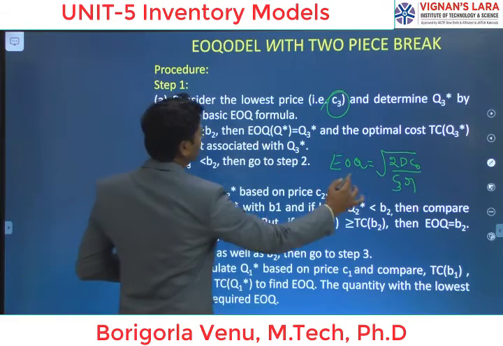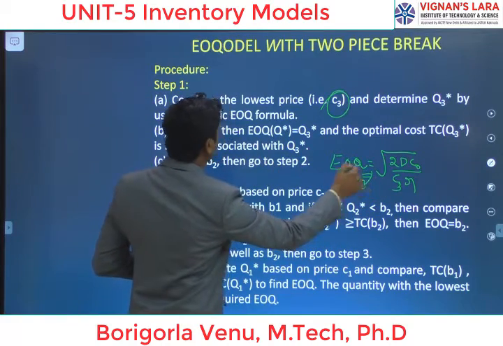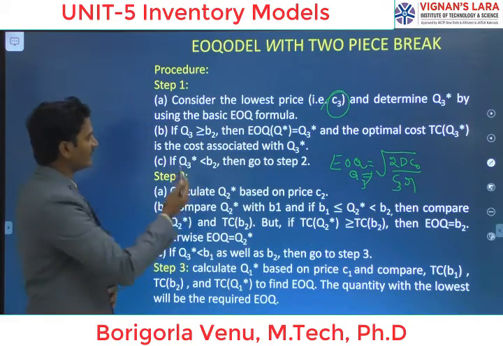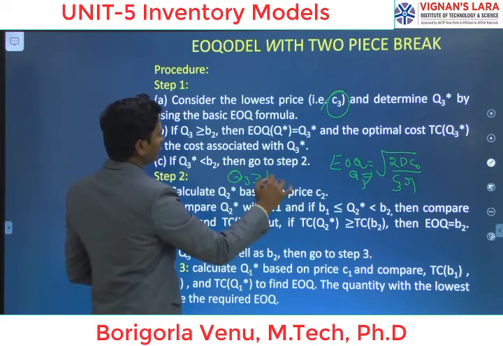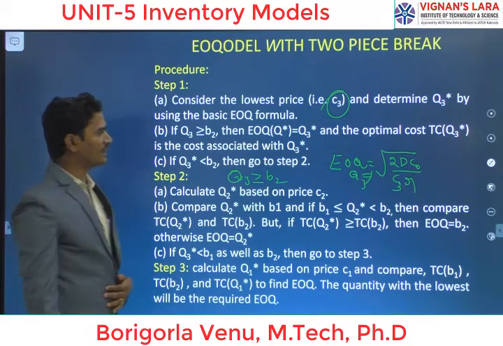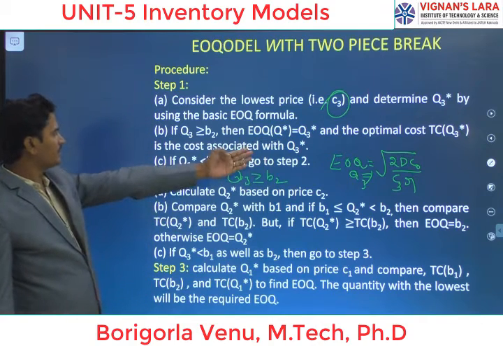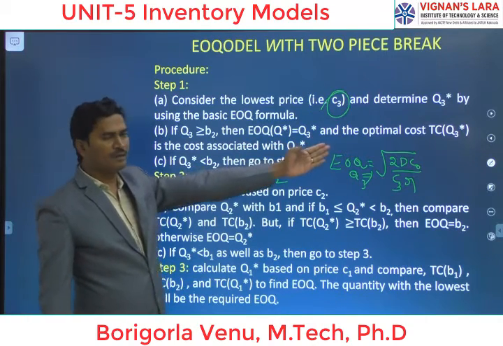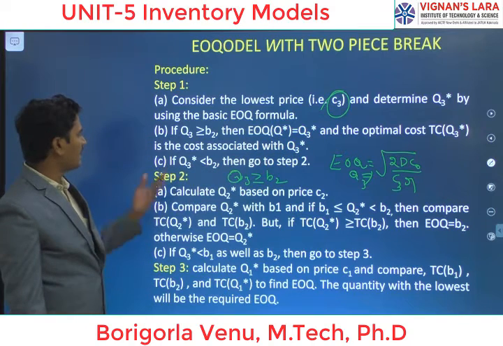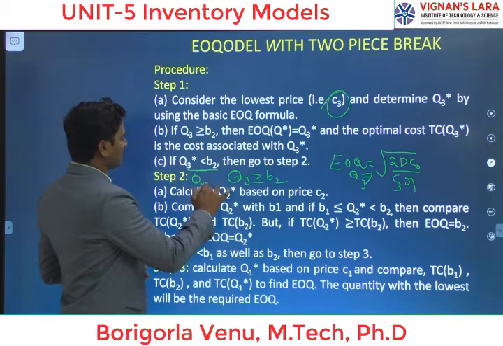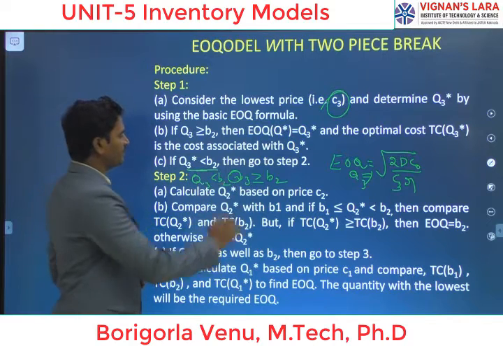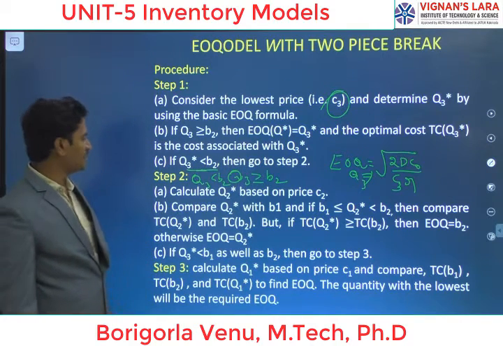From this we calculate Q3. If Q3 is greater than or equal to B2, then we calculate the EOQ and the optimal cost TC. Otherwise, if Q3 is less than B2, we go to step 2.